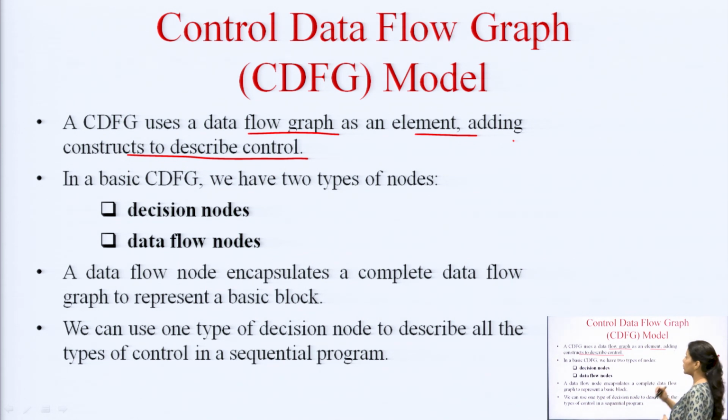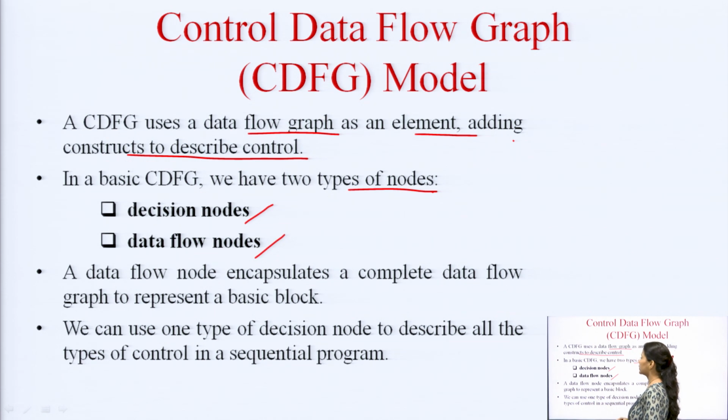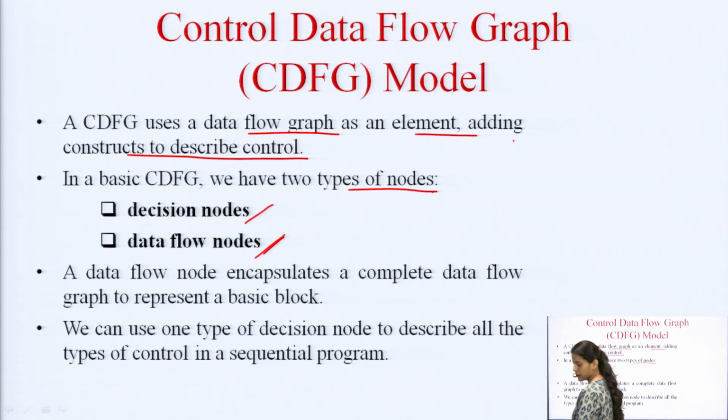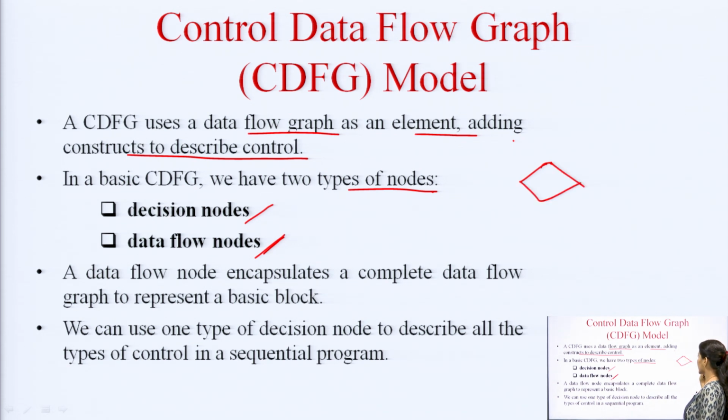So, in this control data flow graph we have two types of nodes, one is the decision node and another is the data flow node, similar to the ones shown in the data flow graph. Data flow nodes are very common, like the circle in this example. These circular nodes are known as data flow nodes. And the other ones are decision nodes, which are generally represented using a rhombus.